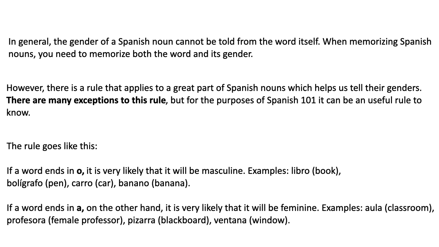This should actually be a little intuitive for English speakers because even though English is not a Romance language, it uses a lot of names that come from Romance languages like Spanish, right? For example, Maria, that's a name that you always use and ends in A, and you know that it's a woman, right?